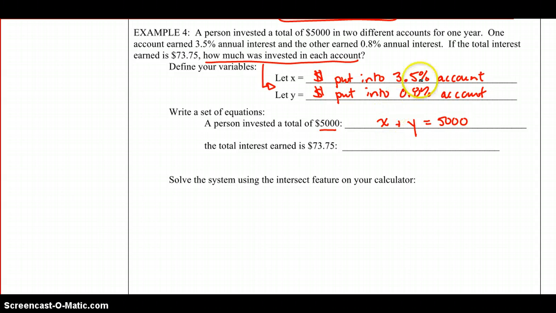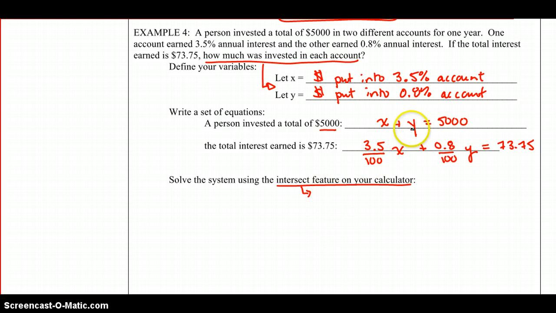The interest is based on the percent of the amount put into the account, so we take 3.5 divided by 100 times the amount put in that account, which was X, plus 0.8 divided by 100 times the amount of money put into that account, Y. And that total interest was $73.75.